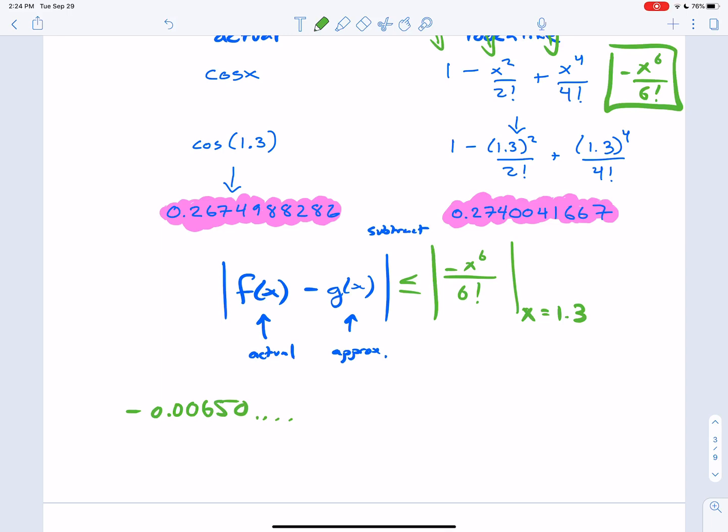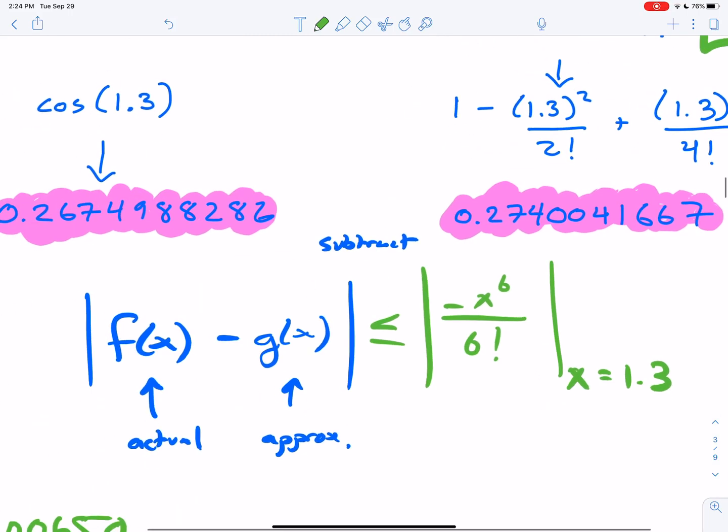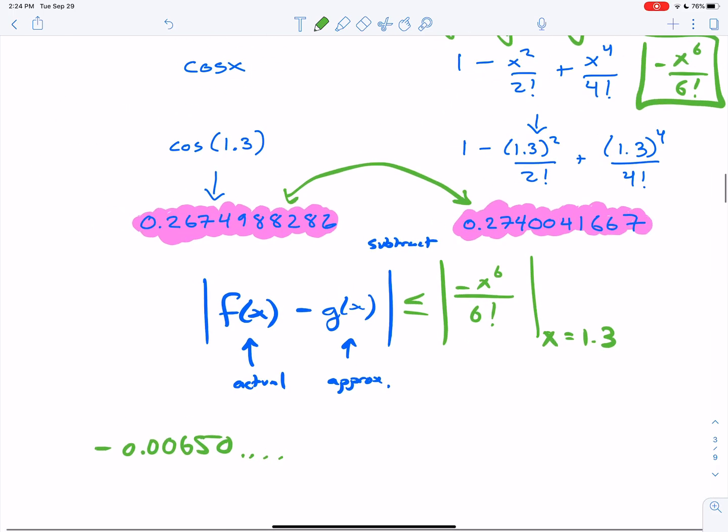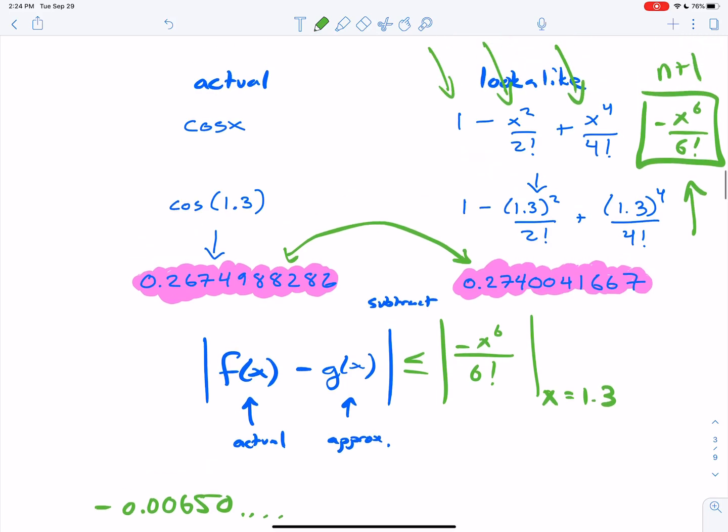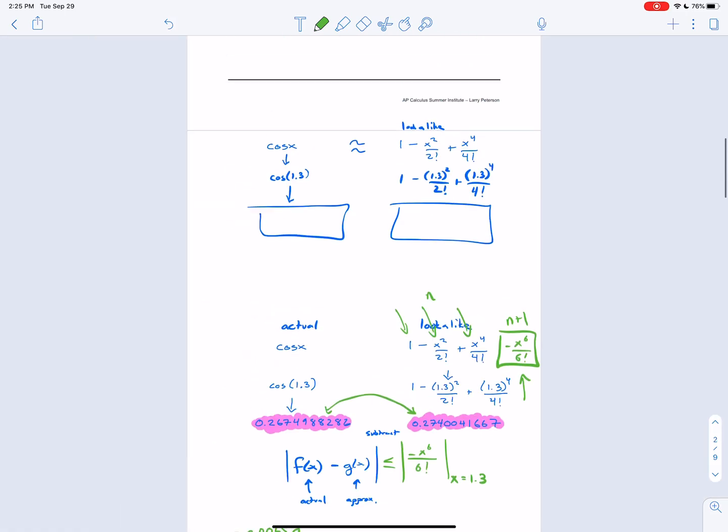So it's easy when we have the two actual values to compare with. But oftentimes, you're only given one and not the other. So you need to rely on the next available term to determine how far off your error is going to be. This is going to make a lot more sense when we actually do a problem. So don't worry, don't get too overwhelmed here. Just take a look. Here we go.